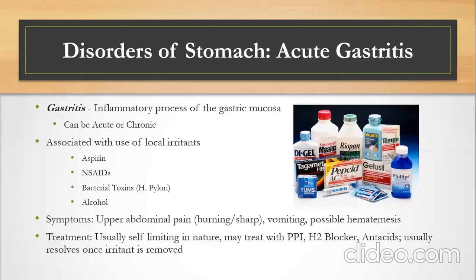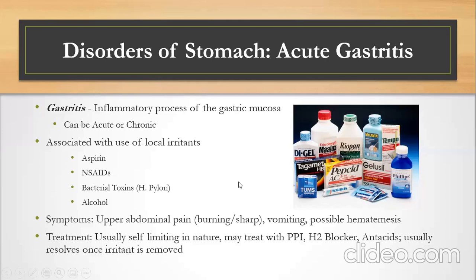So let's talk about disorders of the stomach and duodenum, right? Gastritis. Anything itis just means inflammation, right? So gastritis is just inflammation of the stomach lining, the gastric mucosa. It could be acute or it could be chronic, all right?